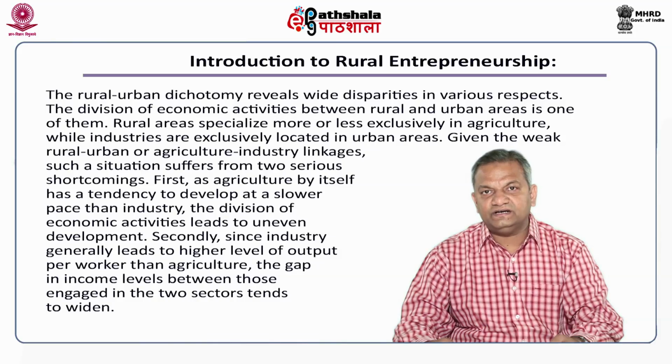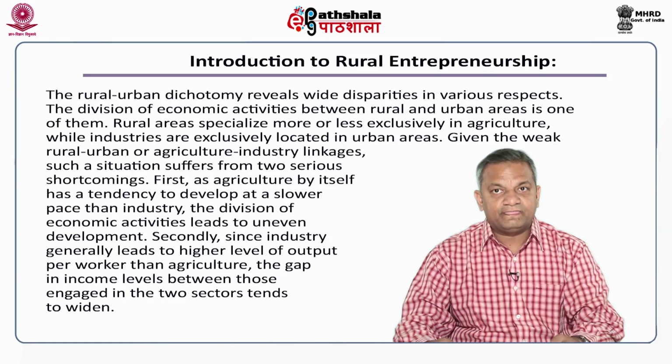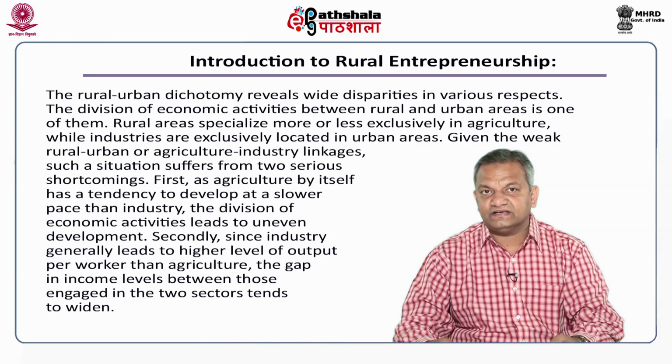The rural-urban dichotomy reveals wide disparities in various respects. The division of economic activities between rural and urban areas is one of them. The rural areas specialize more or less exclusively in agriculture, while industries are exclusively located in urban areas.